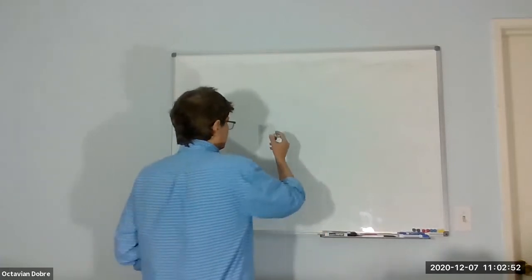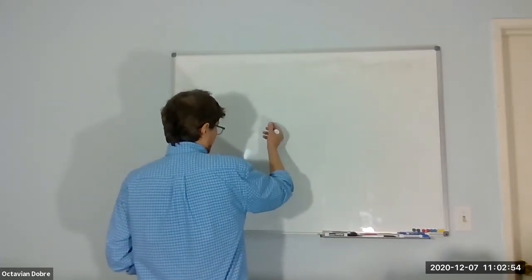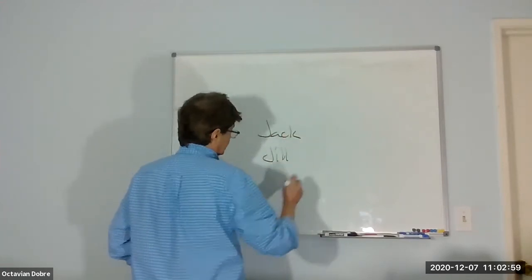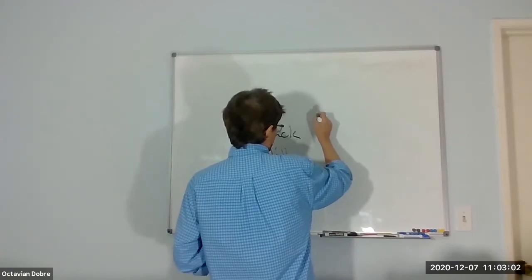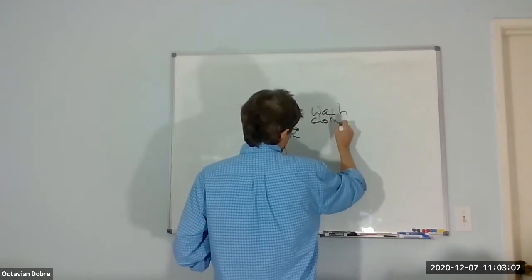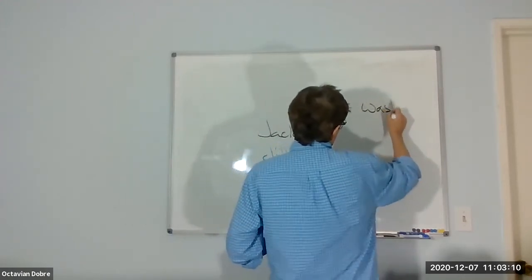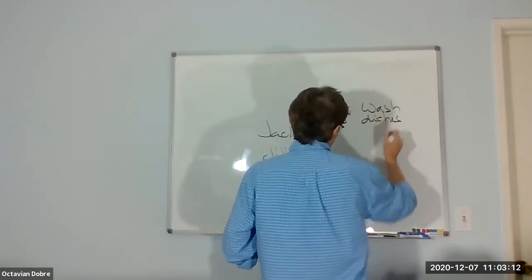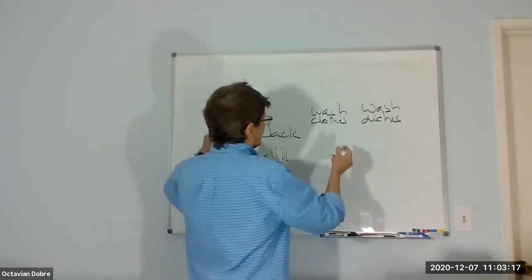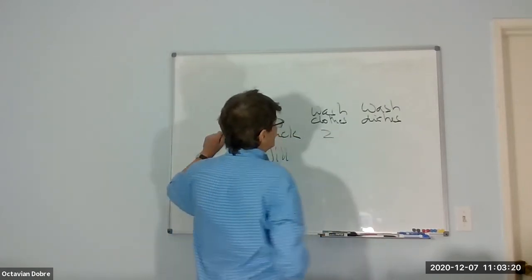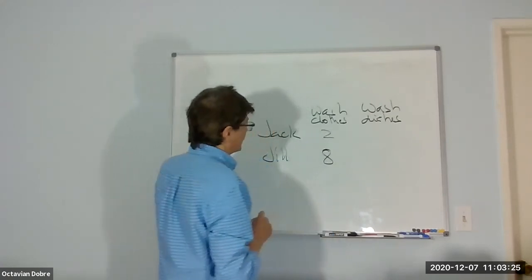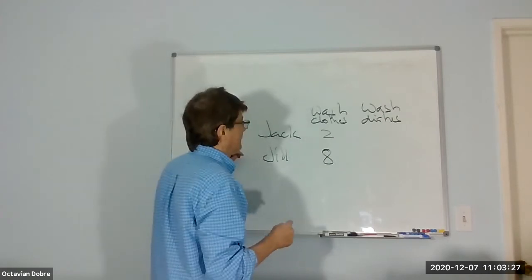Let's do this problem. Jack can do 2 loads of clothes while Jill can do 8 loads of clothes in 1 hour.